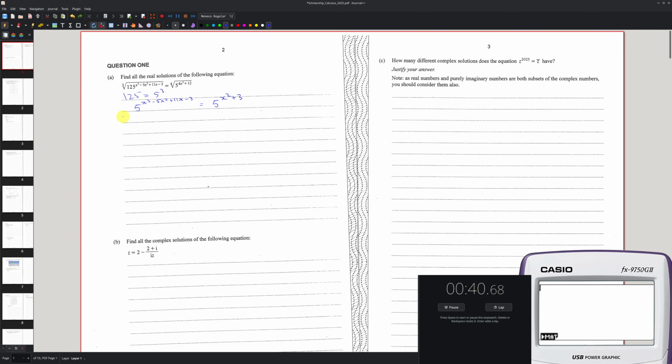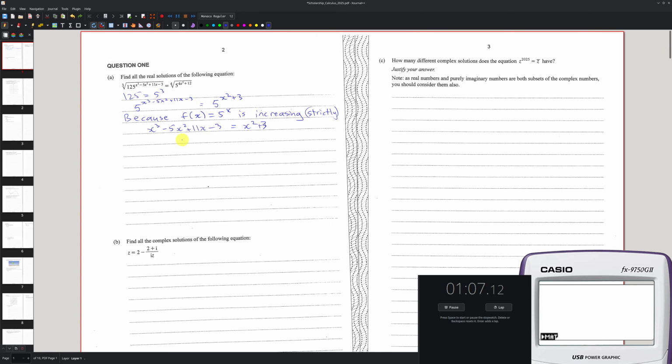Because f of x equals 5 to the x is strictly increasing, then you get x cubed minus 5x squared plus 11x minus 3 equals x squared plus 3, right?